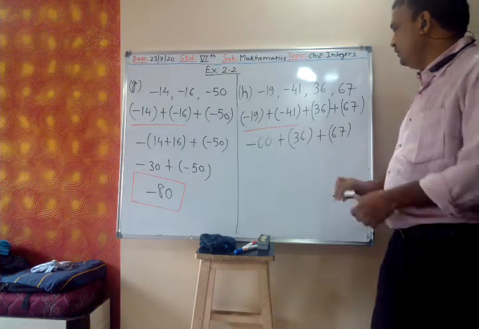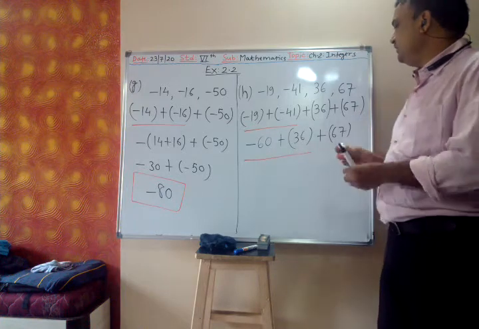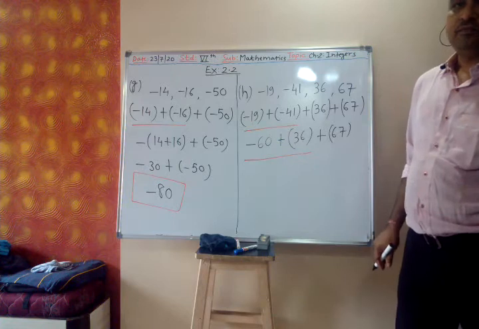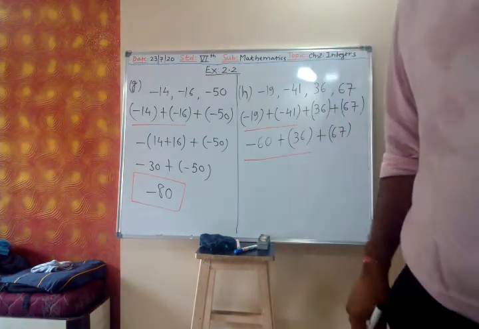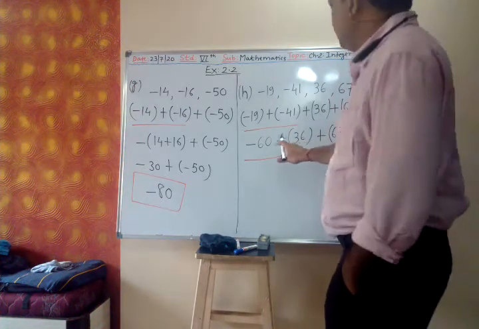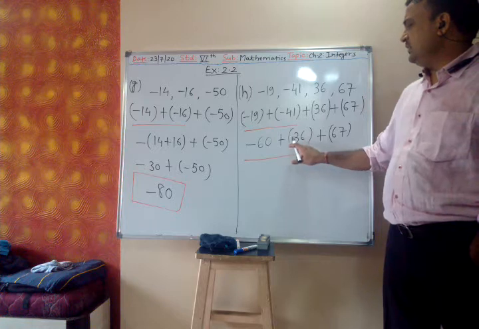Now let us solve again 2 numbers first. Minus 60 and plus 36 we solve. What is sign of 60? Minus. What is sign of 36? Plus.